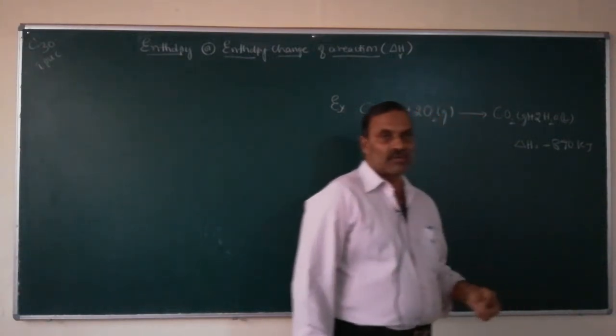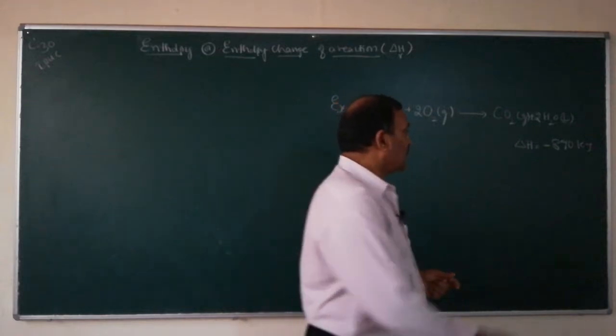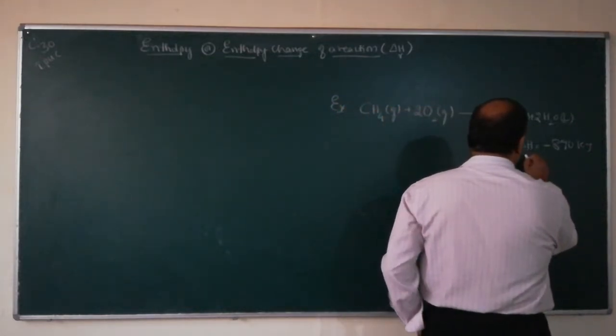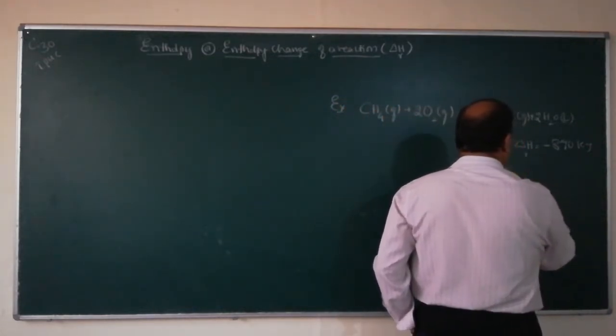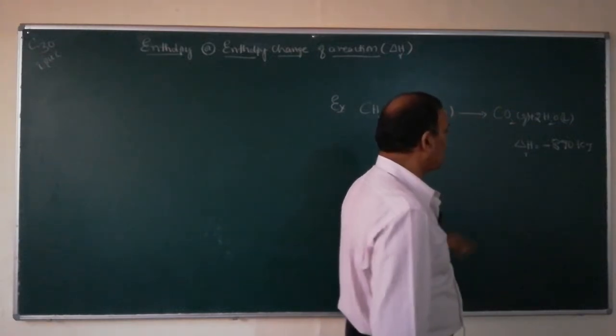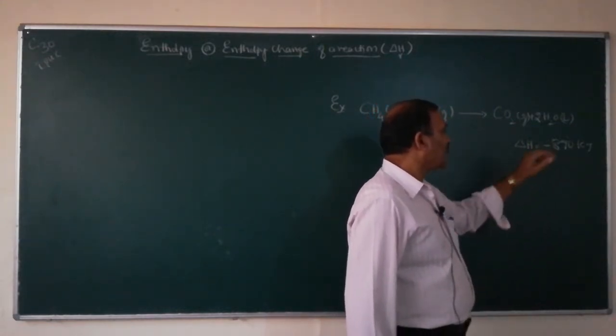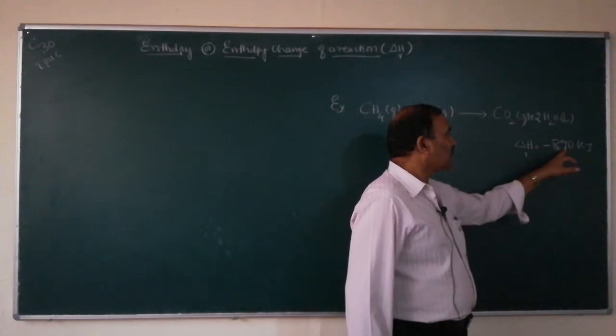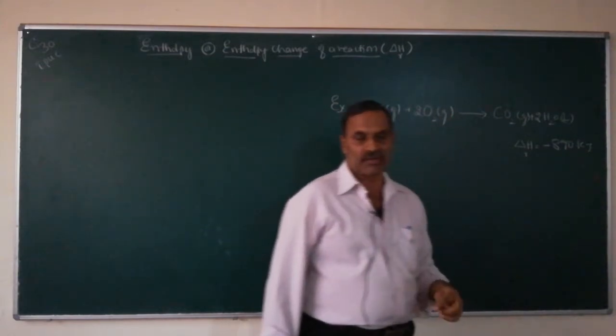So this is called enthalpy of this reaction, delta HR, which is equal to minus 890 kilojoules.